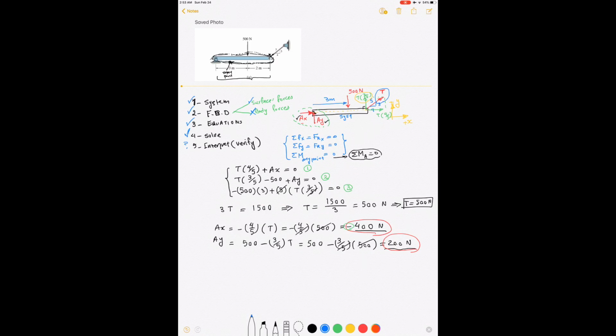The tension was my assumption, so this assumption should be the same at the end of the problem. So I look at the sign of tension here. Look, it's already positive. You see that? So my solution is probably correct. I should not suspect this solution.